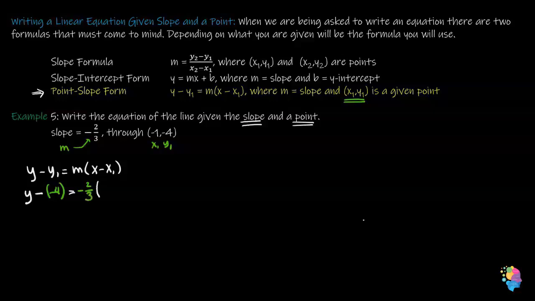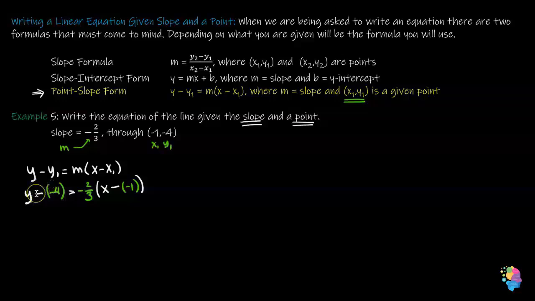We open the parentheses. We have the x from the formula and the minus, and then we replace x1 with negative 1. And then I close the parentheses from the formula. Now you're going to see the reason why I place parentheses. Now we have a minus negative situation here. You see that right there?